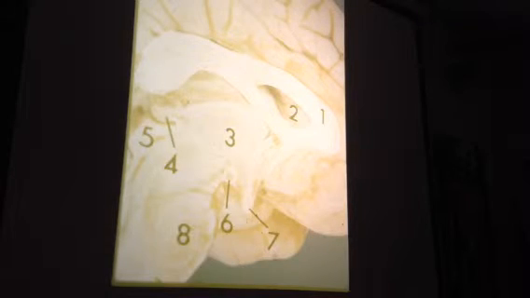Ironically, the greatest commissure of them all doesn't get that name. It's the corpus callosum, which I would like to see them change to the colossal or the colossal commissure. 250 million pathways in here. There are a number of other commissures that just say you're connecting one side to the other.